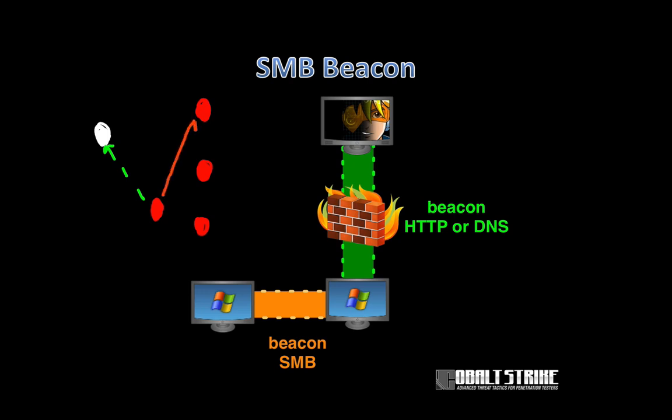So there's an SMB beacon connection, there's an SMB beacon connection, and there's an SMB beacon connection. But your SMB beacons can control other SMB beacons as well, either on the same host or even on a remote host, which is something we'll talk about in a moment.